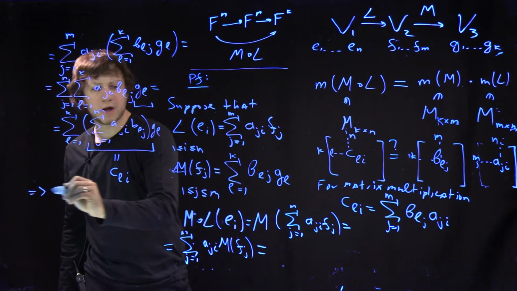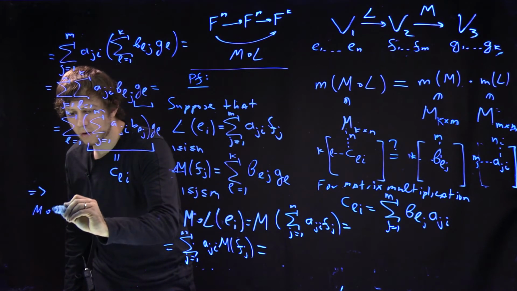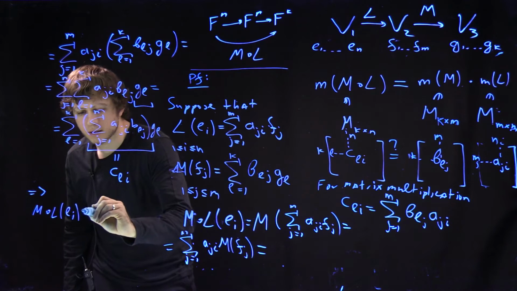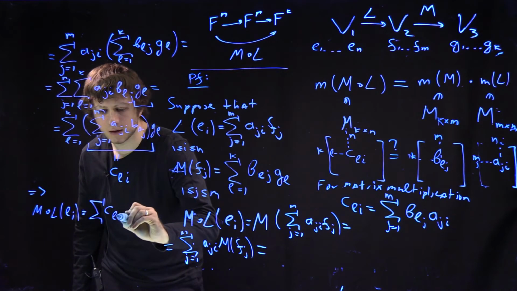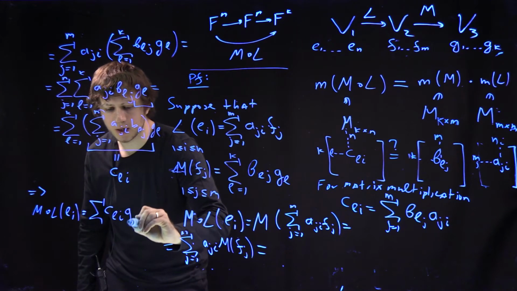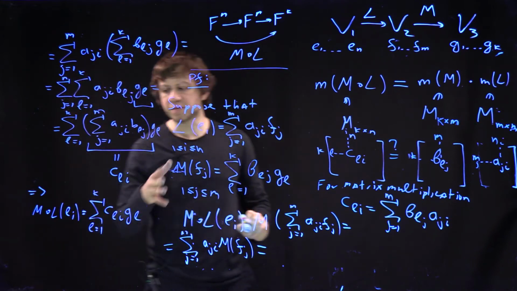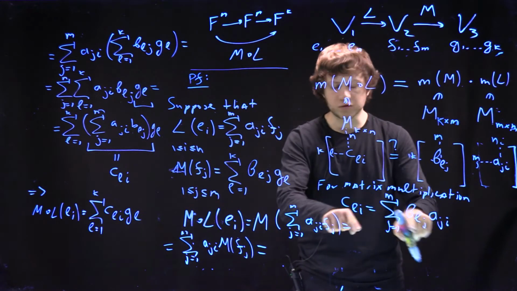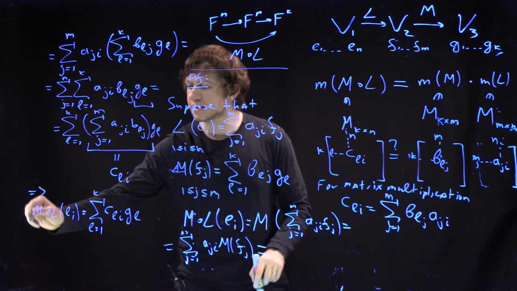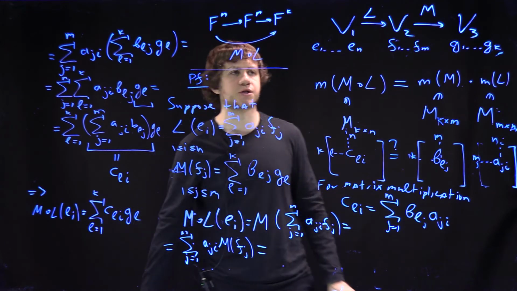So we have seen that M composed with L of EI equals the sum of CLI GL from L equal 1 to K. And that means that the coefficient in the product of two matrices is exactly the corresponding coefficient in the matrix of the composition.